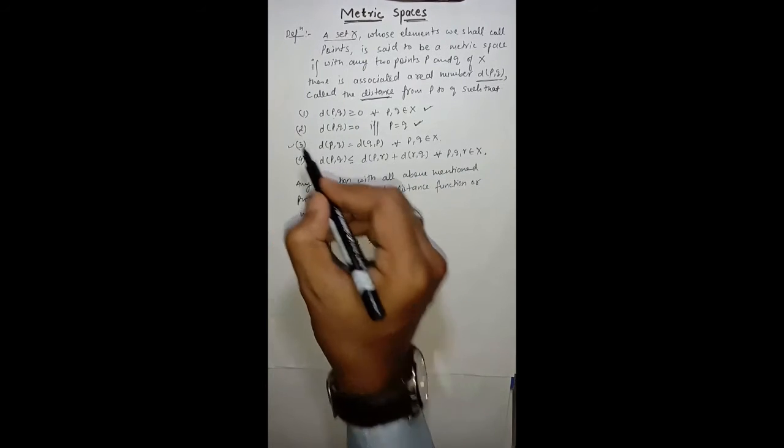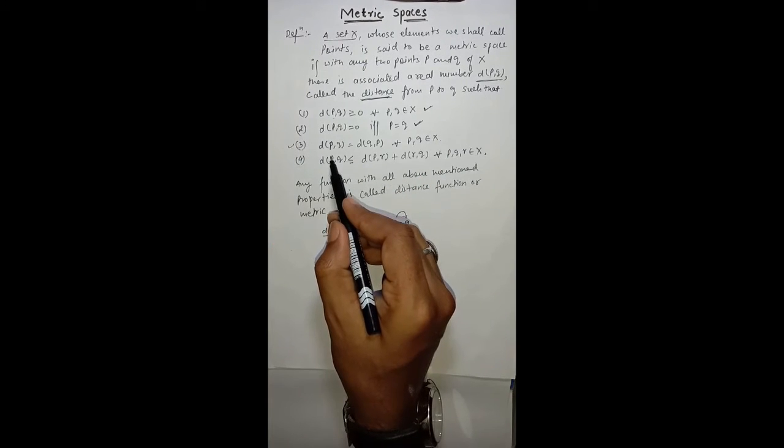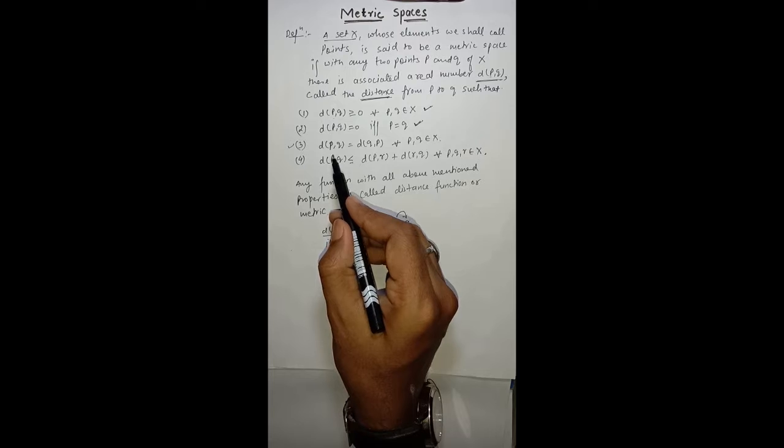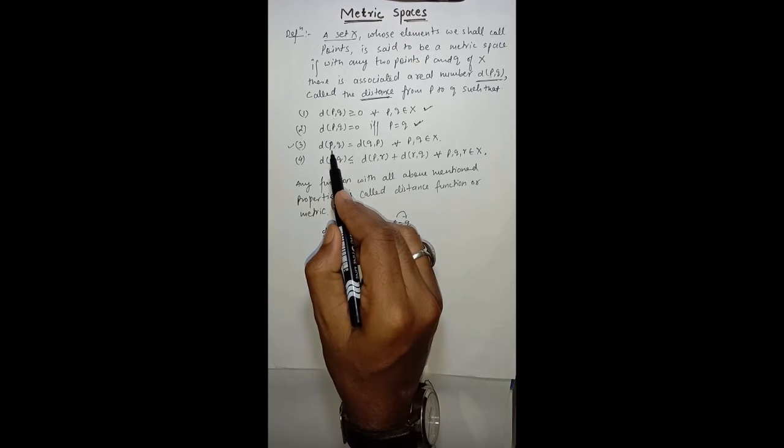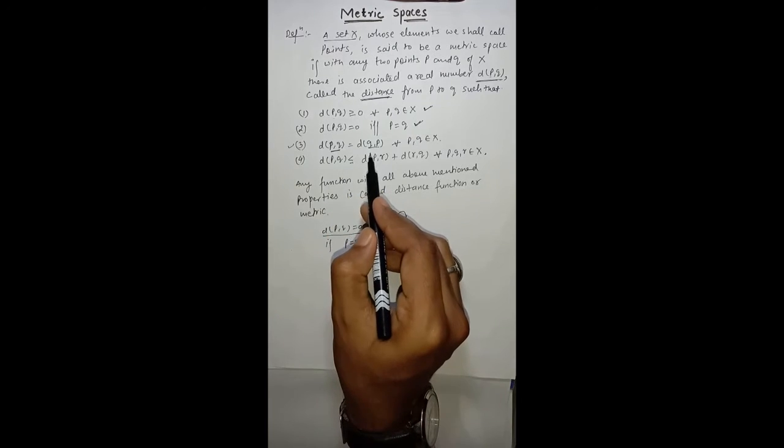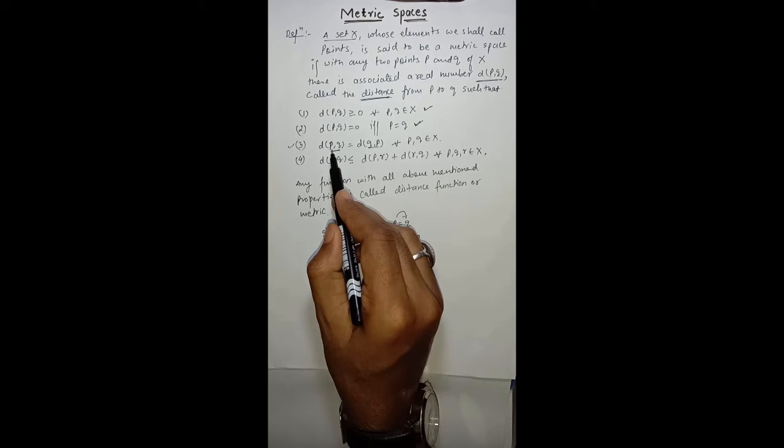And the third one, this property is known as the symmetric property. That means the order of the points doesn't matter. That means there is no direction of these 2 points.